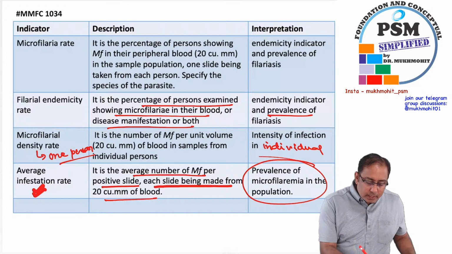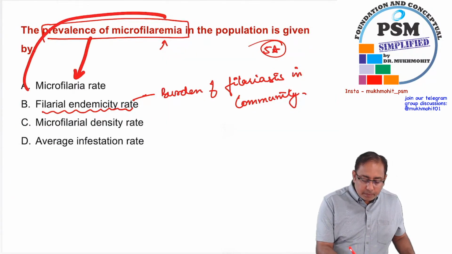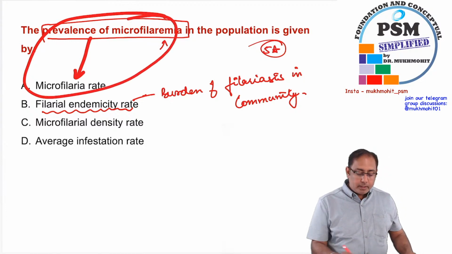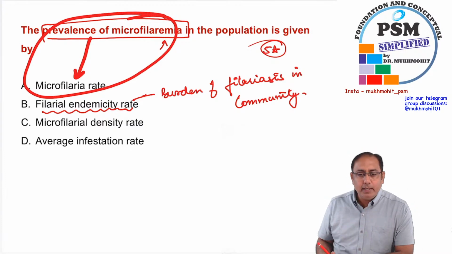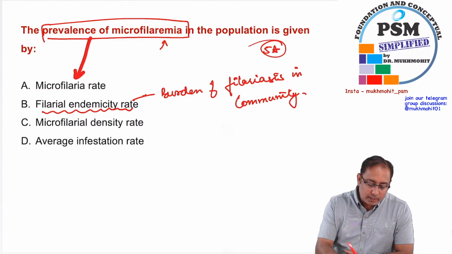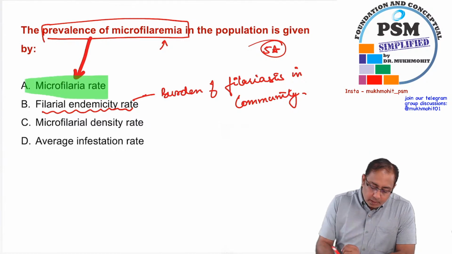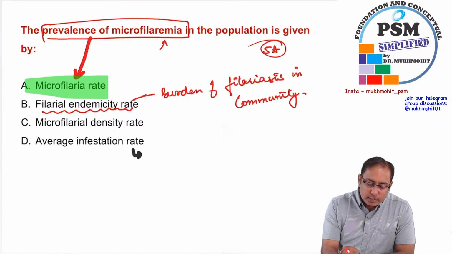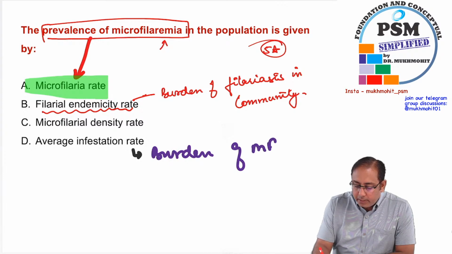So the best answer over here is microfilaria rate. Microfilaria rate will tell us about the prevalence of microfilariasis in the community. So out of all these, please note that prevalence of microfilaria in the community is given by microfilaria rate. The best answer is microfilaria rate. Average infestation rate will tell us about the burden of microfilaria in population.